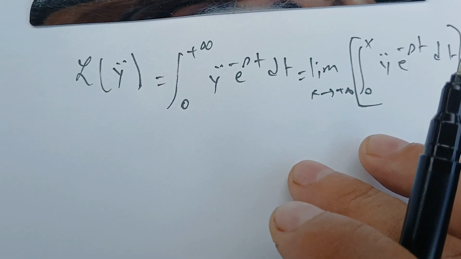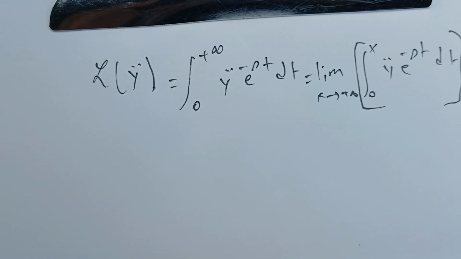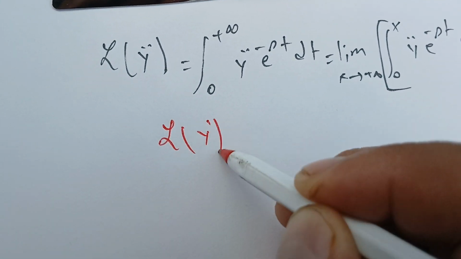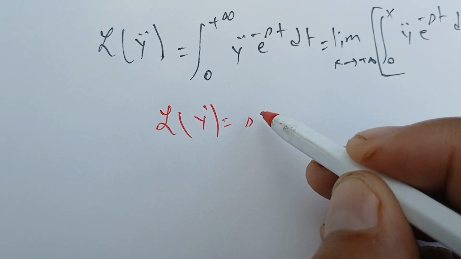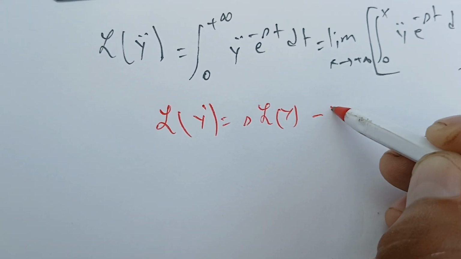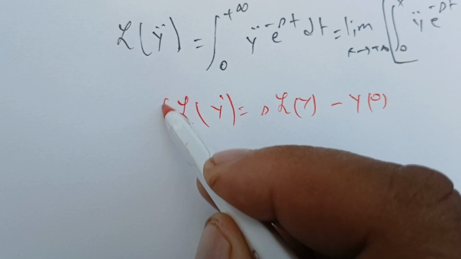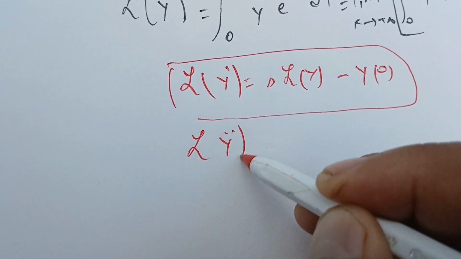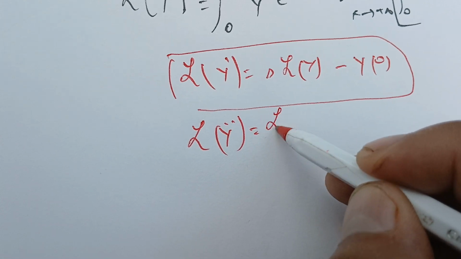We're going to use what we have seen from the Laplace of y'. So we know that the Laplace of y' is s Laplace of y minus y(0). We're going to use this result to find the Laplace of y'' this way.